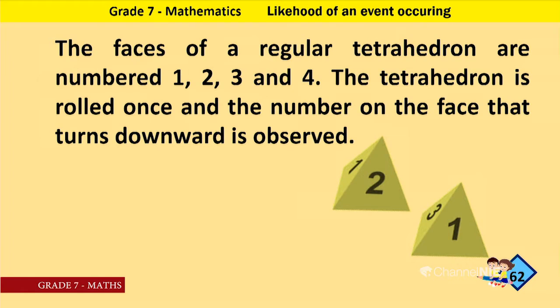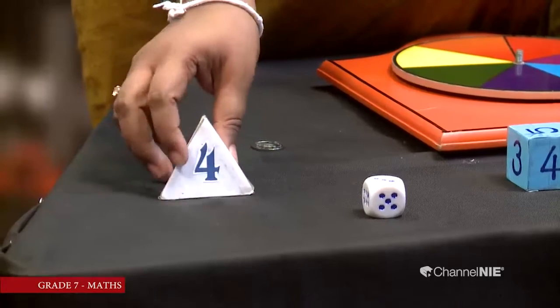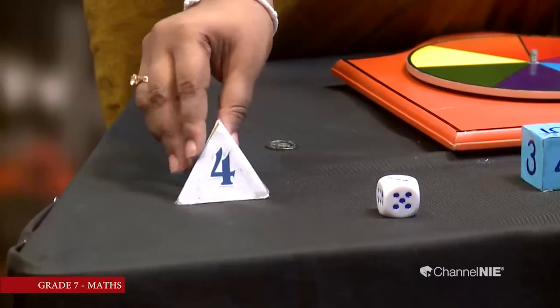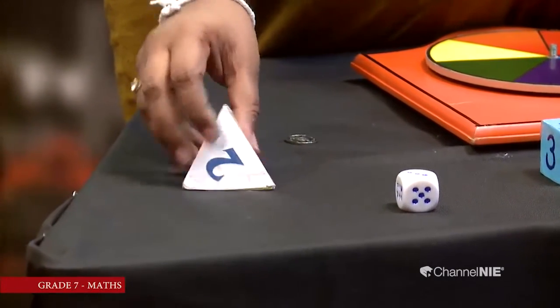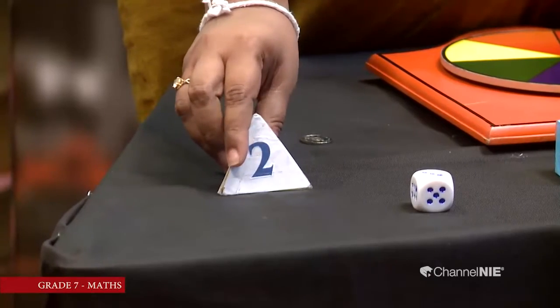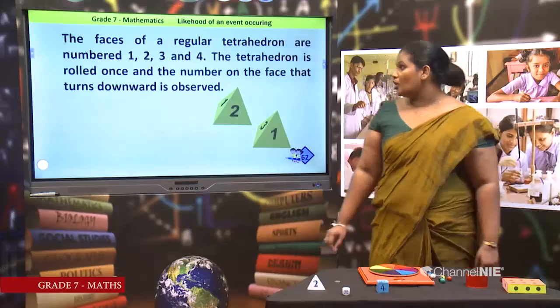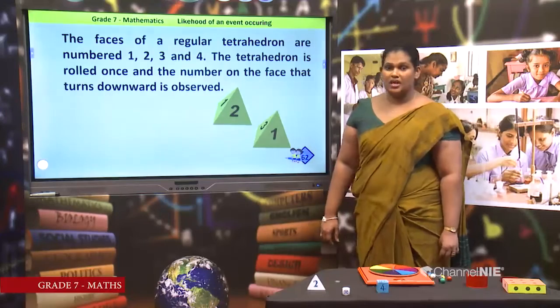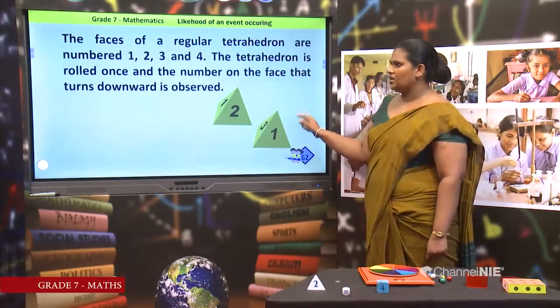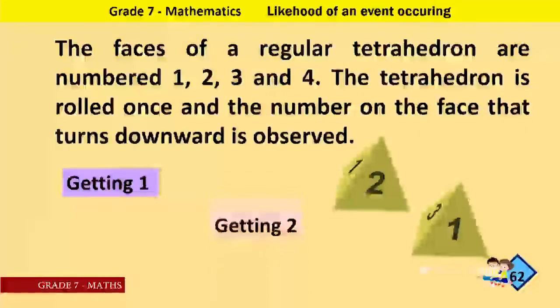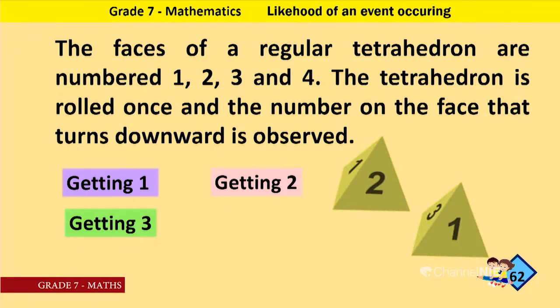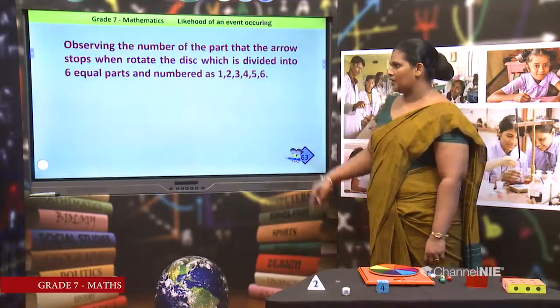Now, this is the regular tetrahedron that we are talking about. Here, can you see? We have numbered it from 1 to 4. When you roll this regular tetrahedron, I might obtain 1, 2, 3 or 4. So, those are the outcomes of this experiment.